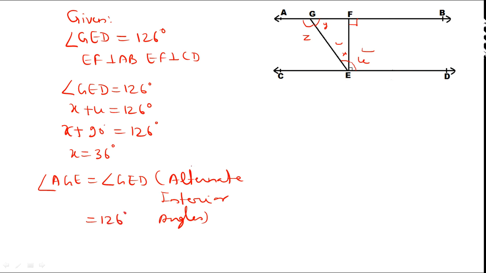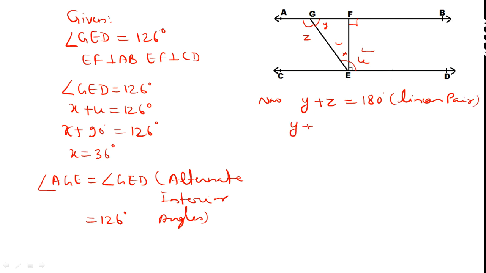Now one more angle is left, that is Y. So now Y plus Z is 180 degrees. Why? Because this is a linear pair. The value of Y we don't know.